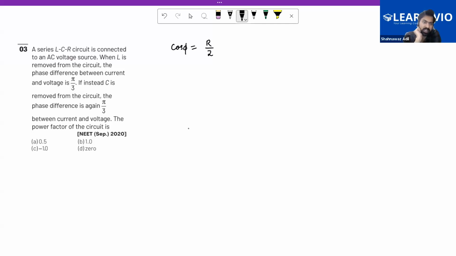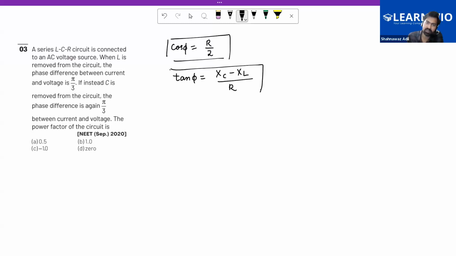The power factor of the circuit we want to find, so we want to find out cos phi, and that is R by Z, right? We know that tan phi is XC minus XL divided by R.